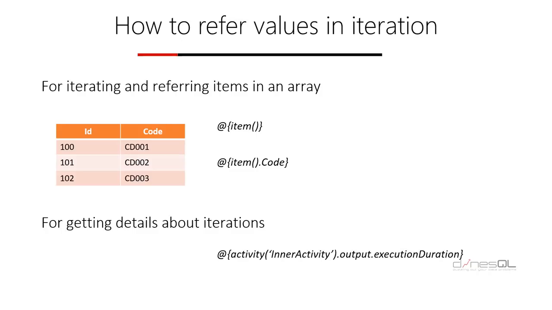In that case, I can write an expression like activity, the name of the inner activity, for example stored procedure 01, output, execution duration. Remember, the names of these properties are different from activity to activity. You will see the execution duration property with stored procedure, but you're not going to see the same with copy activity. You will see with the demo.